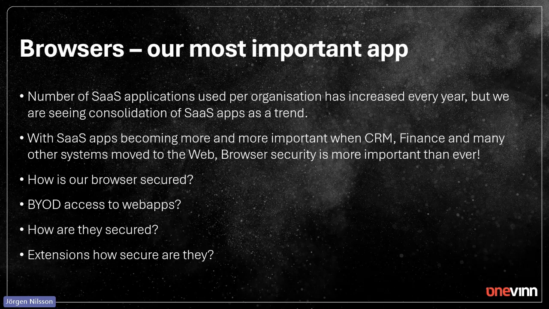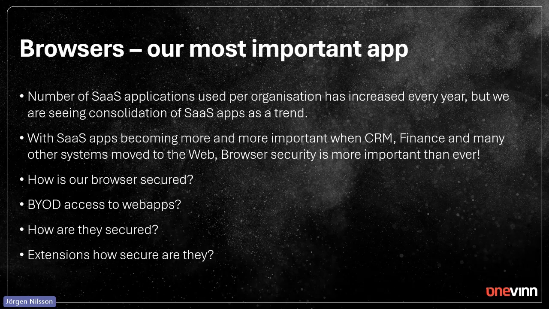But last year there was a trend that it actually decreased, because many companies got their eyes on this now: where's our information, how do we secure the information? Copilot, AI, how can they access and use our information? So we actually saw a consolidation of SaaS apps last year.